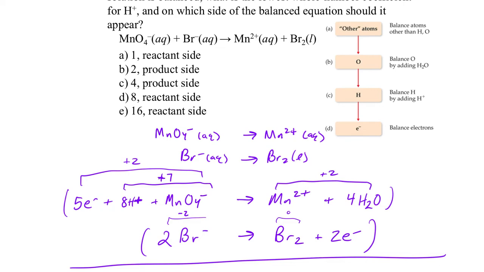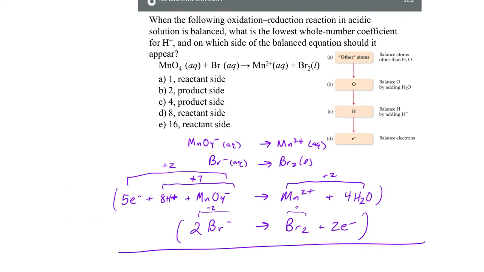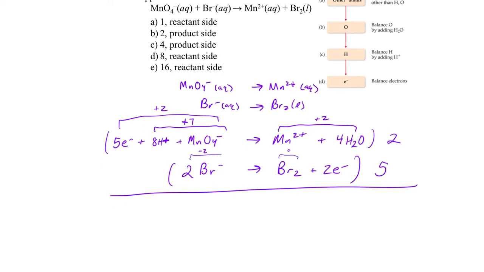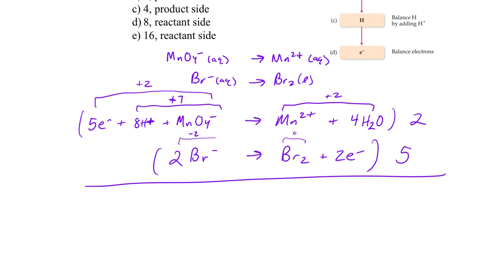So if we multiply this first reaction by 2 and our second reaction by 5, we'll be able to get 10 electrons on the reactant side of the first reaction and 10 on the product side of the second reaction, and then we can cancel those out. So I'm going to rewrite these half reactions.